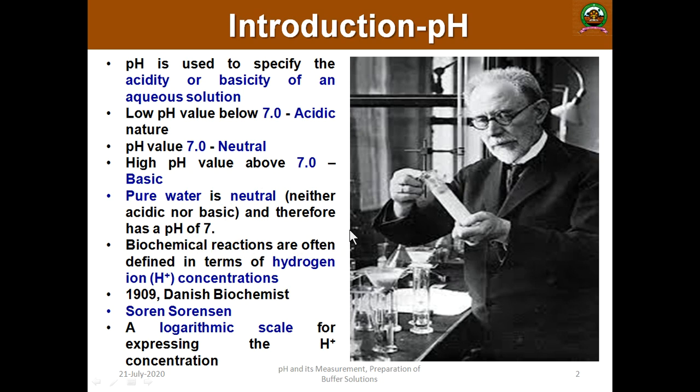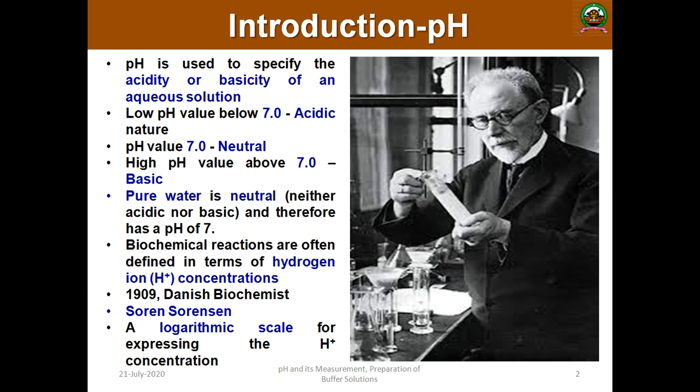So many biochemical reactions are defined in terms of the pH, and the pH can be called the concentration of hydrogen ion. A lot of studies have been conducted based on this concept, hydrogen ion concentration.